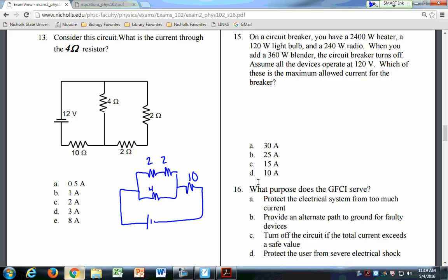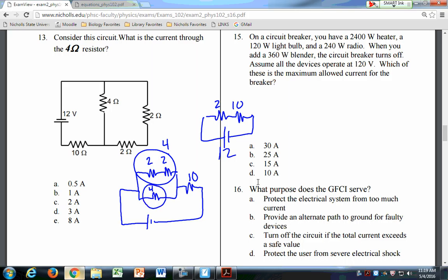And then I have here, this becomes a 4 ohm resistor, and then 2 4 ohm resistors in parallel are a 2 ohm resistor, so it becomes a 2 and a 10 with a 12. And I want to know what is the current through this resistor.